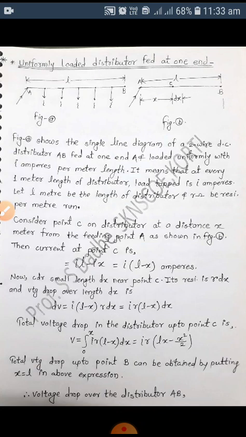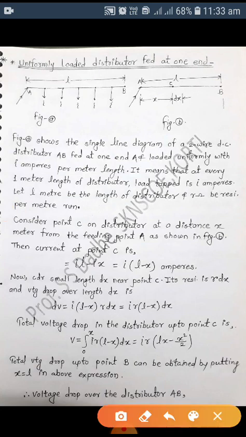It means that at every 1 meter length of distributor, load tapped is i ampere. Let L meter be the length of distributor and r ohm be the resistance per meter run of the distributor.